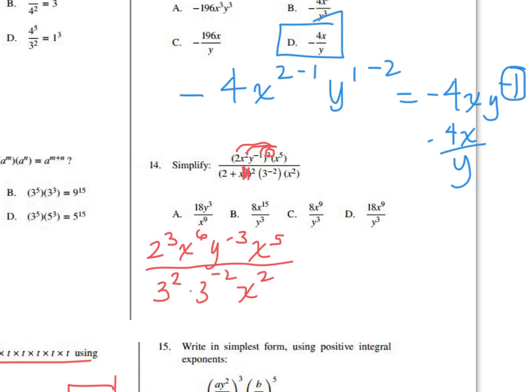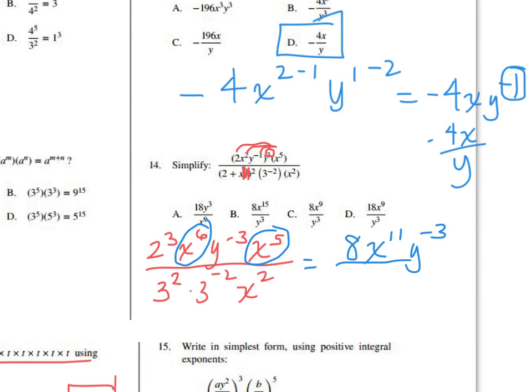All right, then I can combine, here in my numerator, I have x to the 6th and x to the 5th is going to be x to the 11th, because we're going to add. It's y to the negative 3rd. 2 cubed, what is 2 cubed? Well, 2 times 2 is 4, and then 4 times 2 is 8.